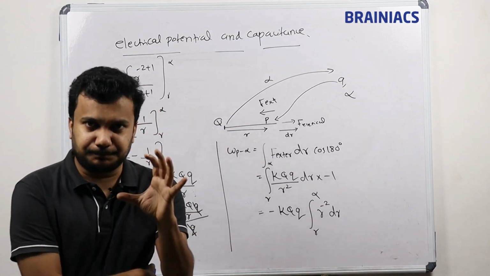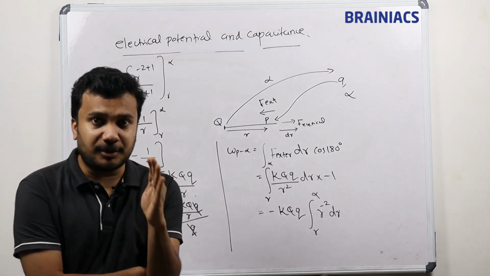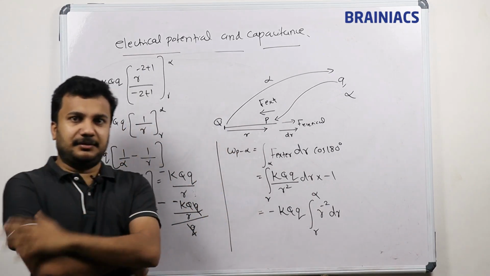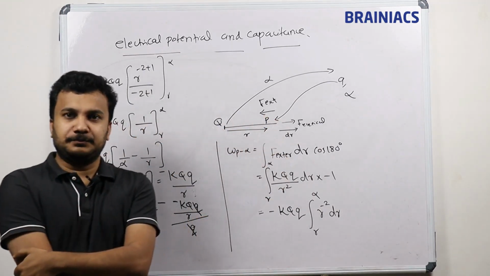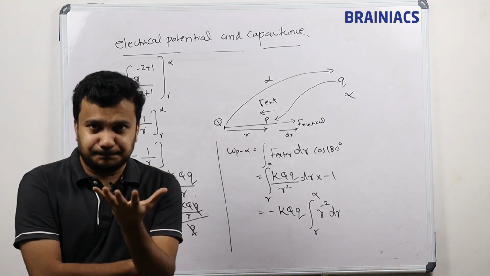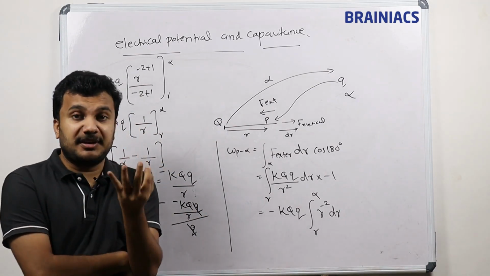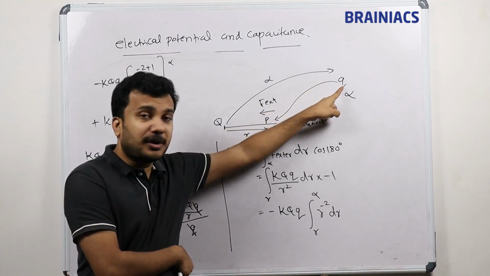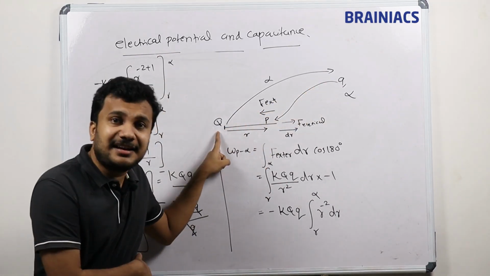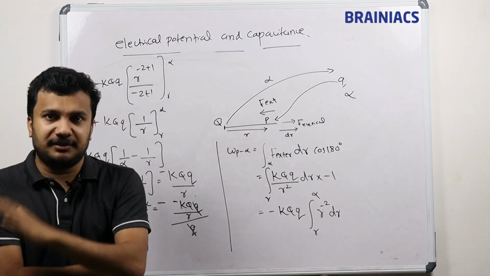You are moving that charge from infinity to P. That P is at a distance of r meter from capital Q. So you are spending some energy. That energy divided by what charge you are moving? This charge, capital Q, is a static charge. It is not moving.